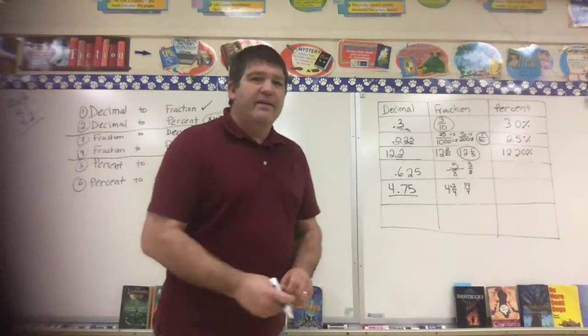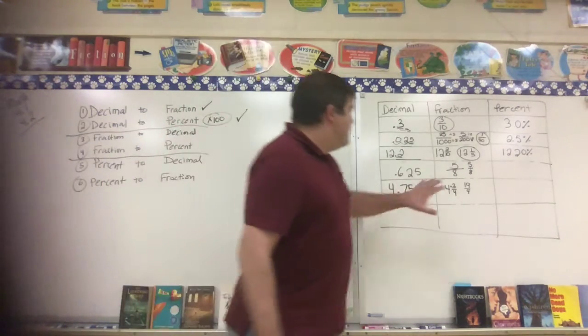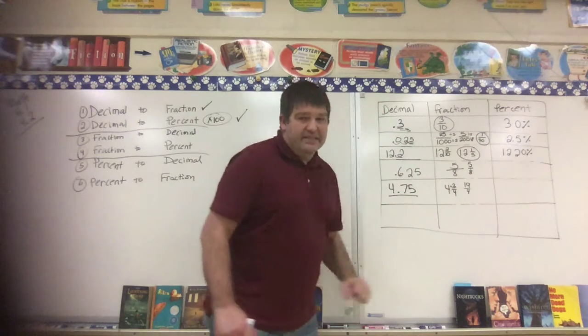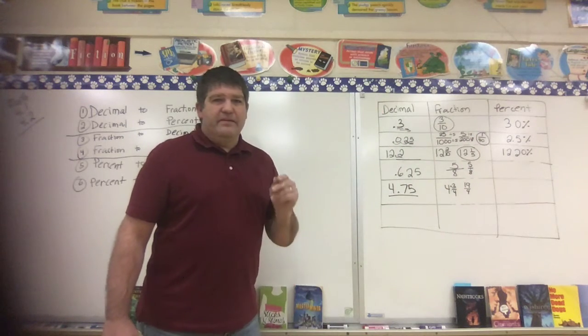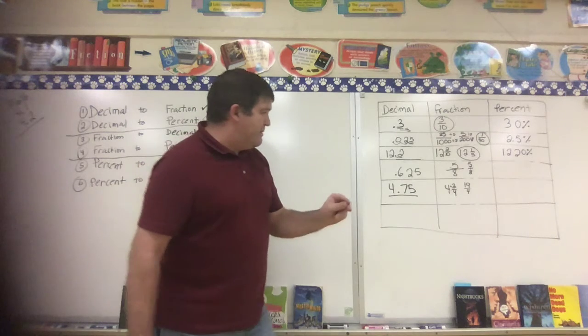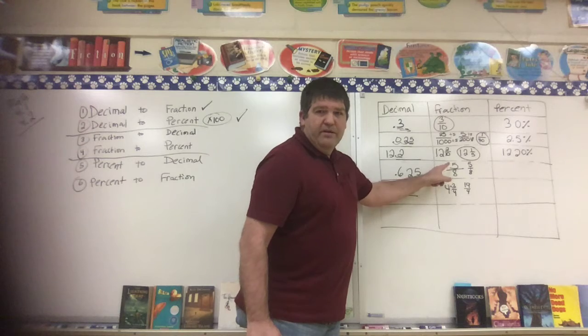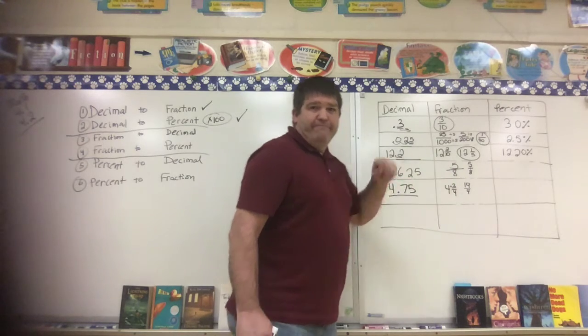So either way, I think going from a fraction to a decimal is simplest when you just do the numerator divided by the denominator. Okay.